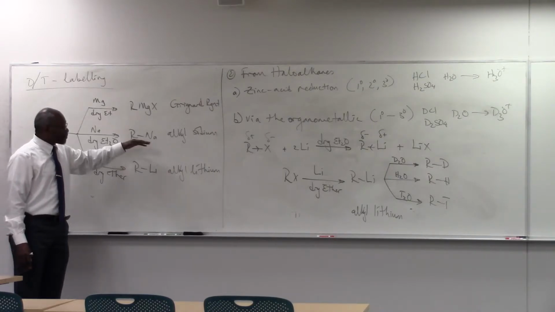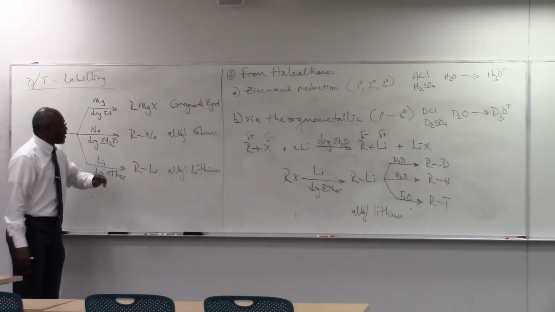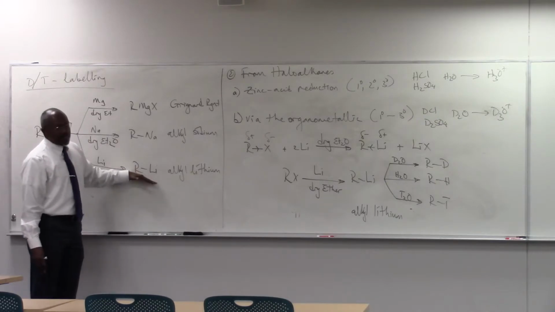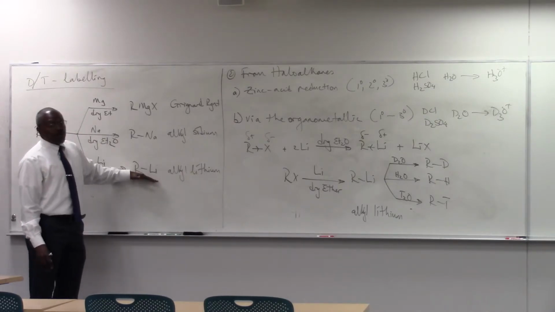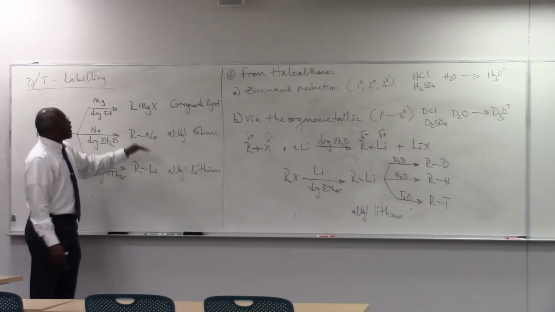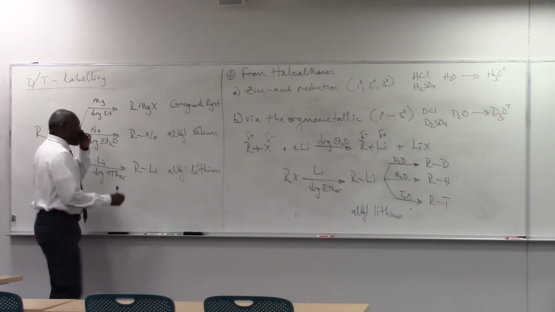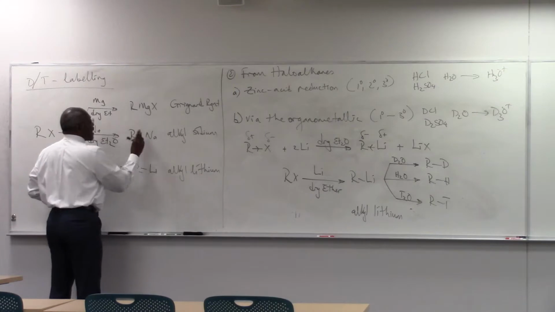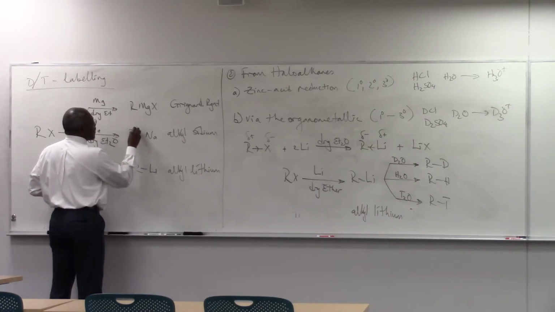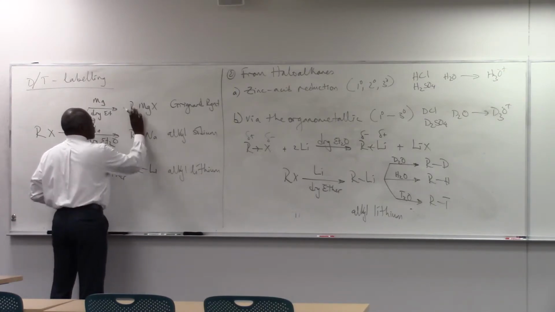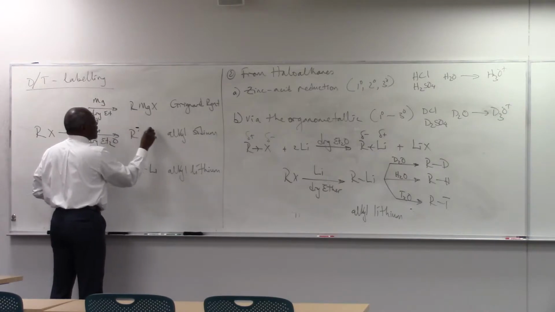Now, I will just get into it here. The alkyl lithium, this bond is covalent. The Grignard, the R-Mg bond, is covalent. The RNa is actually composed of ions. So there's an R minus and an Na plus.